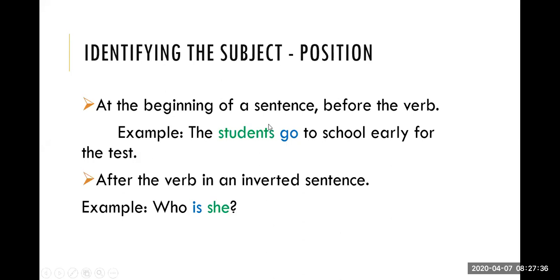Here, the students perform the action of go. And when I say the sentence, she is sad, is shows the state, the condition, the emotion of she.